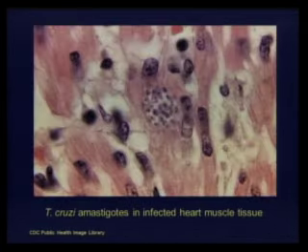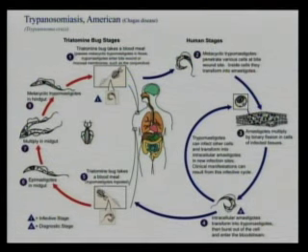Right about now, people start scratching themselves. It seems to have a predilection for heart muscle and the smooth muscle of the intestinal wall. So here are amastigotes infecting heart muscle. Then as it bursts out of a cell, it transforms back into the trypomastigote and repeats this cycle.